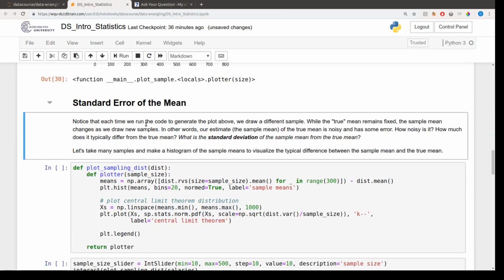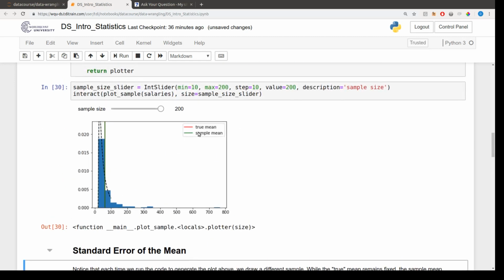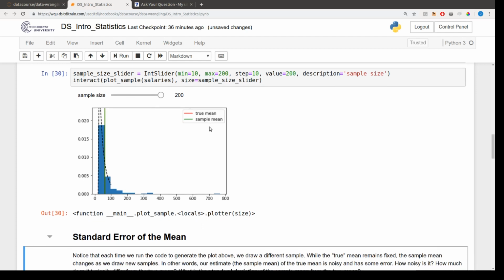So each time, we can ask the question, how noisy is our estimate? If our sample mean is supposed to be an estimate of the true mean, then the difference between them is our error. And we might be interested in the average size of our error each time we draw a sample.